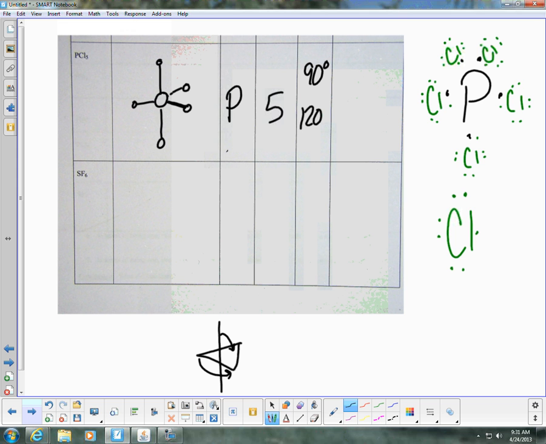So there's a 120. What shape is this? Look at your green sheet. What shape is this? It's not right. Trigonal.